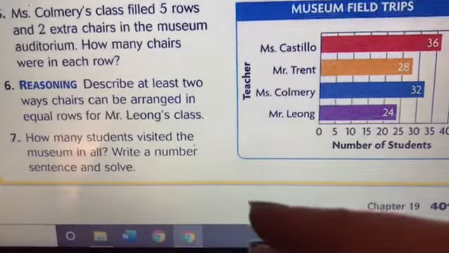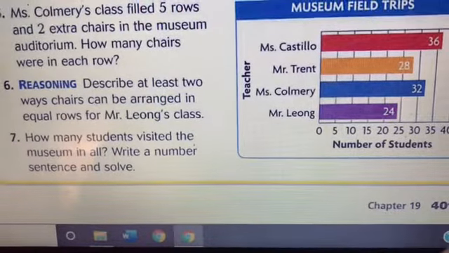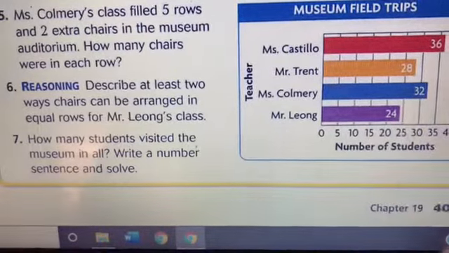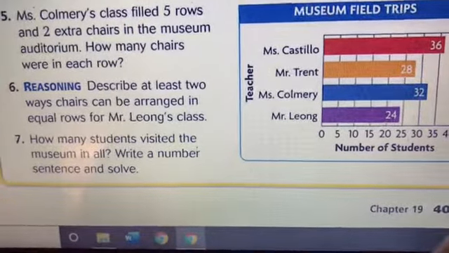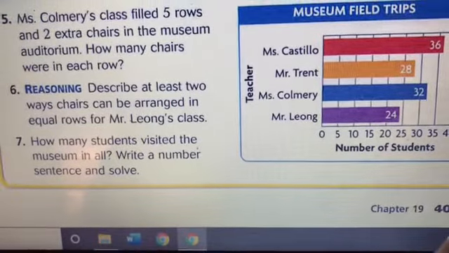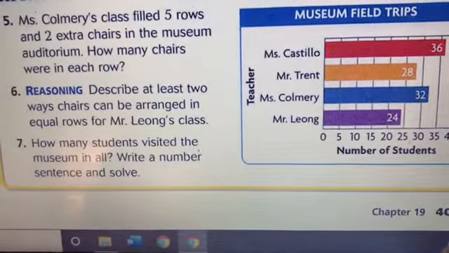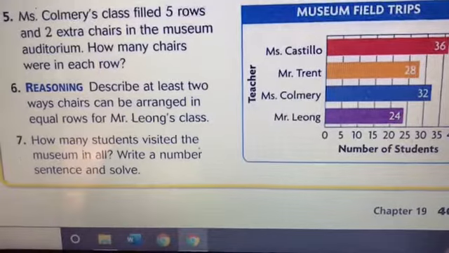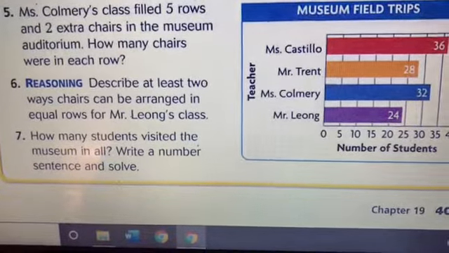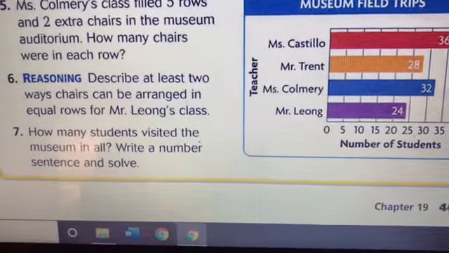So he could do 2 rows of 12. Or could we divide 24 by 3 and he could have 3 rows? 24 divided by 3 is 8. So he could have 3 rows of 8. Can you guys think of any other ways that we could divide up 24 equally? Go ahead and write your answer down and let me know.